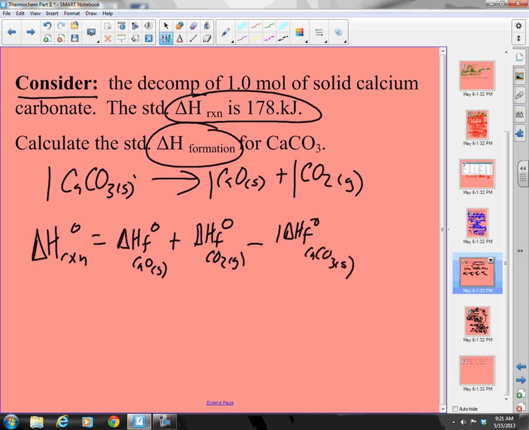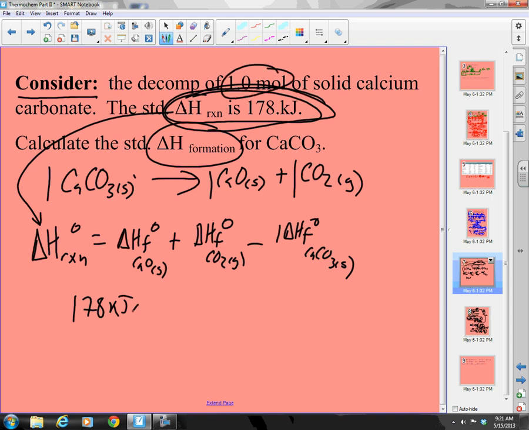But what makes this different is they're giving me this. So I know this is 178 kilojoules per mole, and that's equal to what? Well, we want to know this. This is what we're after.